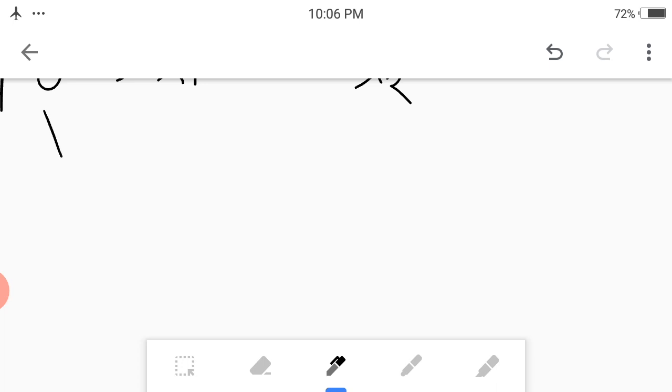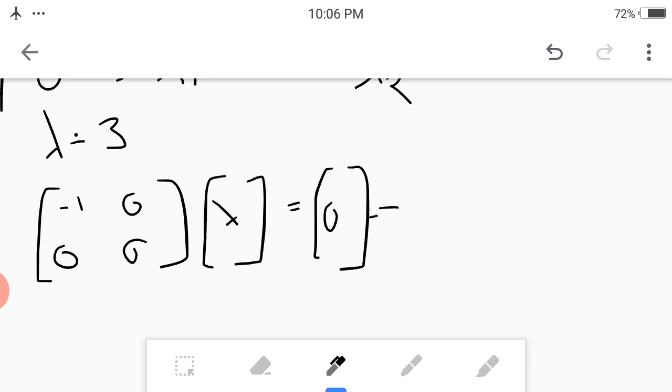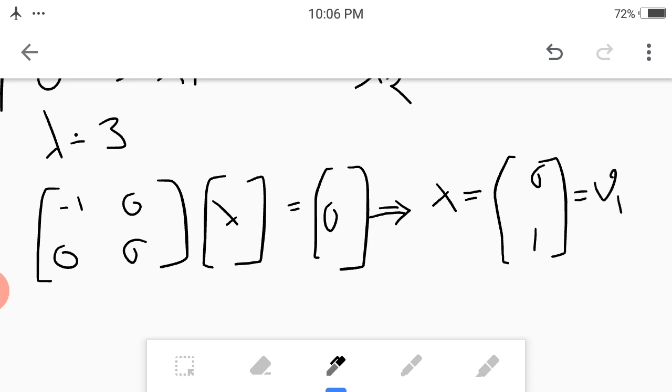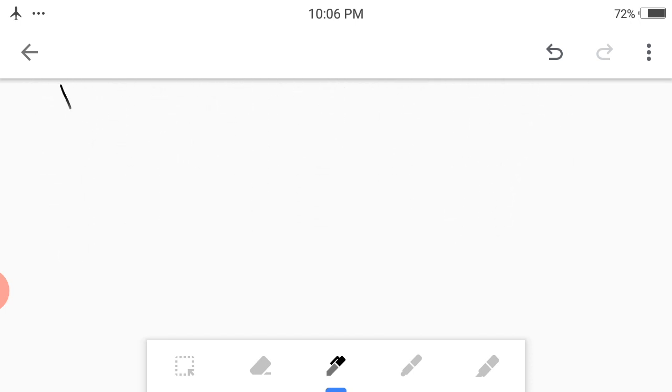When your lambda is 3, you get a matrix minus 1 0 0 0 into x should give you 0. So what's your x? 1 and 0. This is nothing but your v1. Now what happens when your lambda is 2?